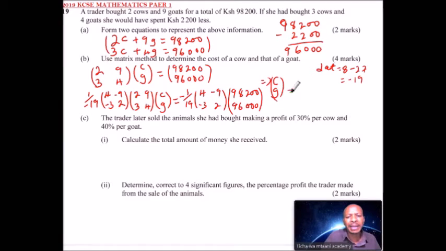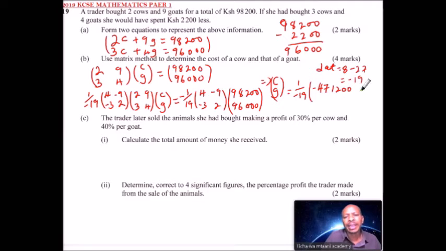Then we multiply. This is 1 over minus 19. We multiply 4 by 98,200 plus minus 9 times 96,000. When you multiply that, using your calculator, you should get minus 471,200.